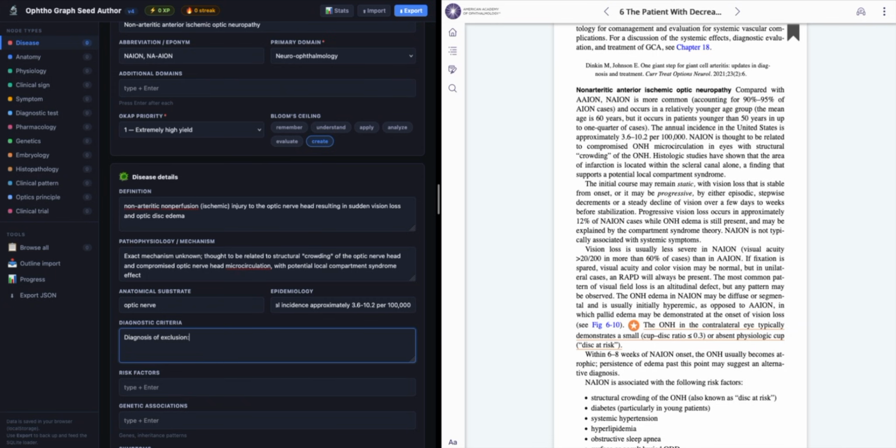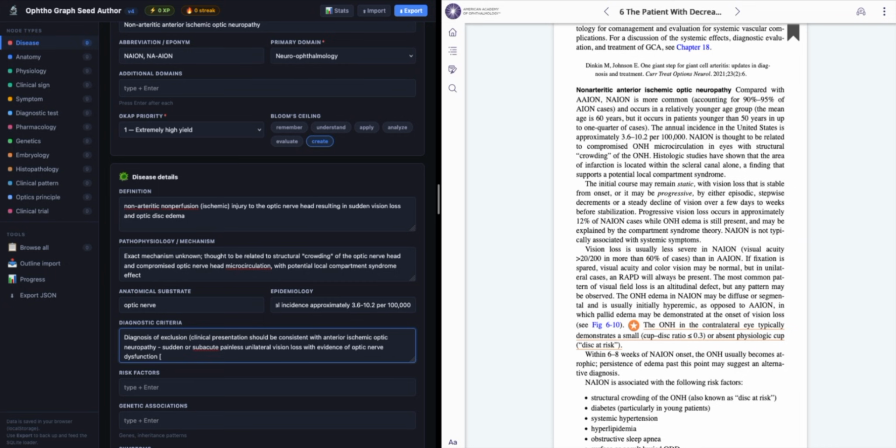So we have to, the clinical presentation should be consistent with anterior ischemic optic neuropathy: sudden or subacute painless unilateral vision loss with evidence of optic nerve dysfunction.